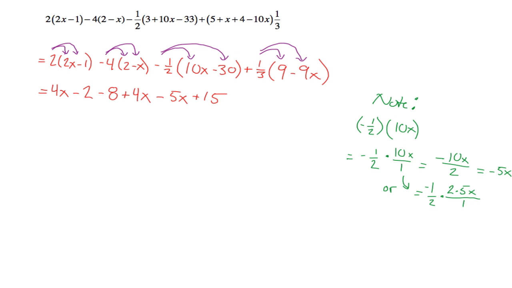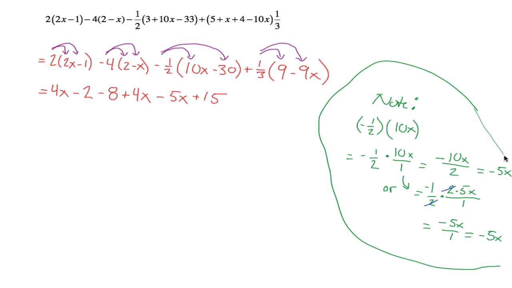Maybe I need to switch colors so it doesn't get too messy. What we get is negative 5x divided by 1, which is just negative 5x. So I'll just circle this off to the side in case it's helpful for people. Now I'll get back to the problem.